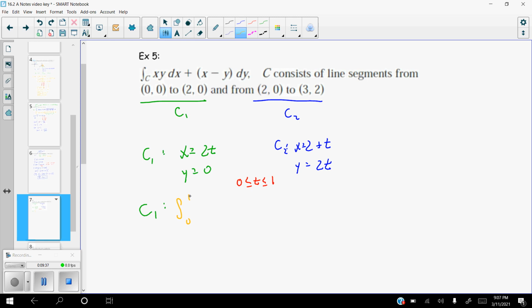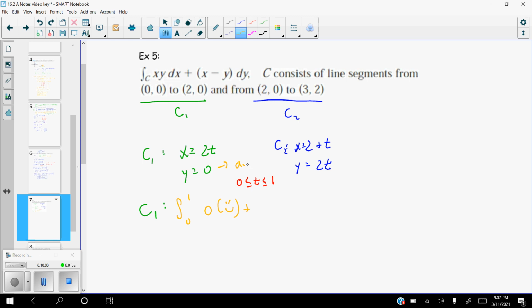Let's see, we need x, y, dx. Well, x times y is going to be 2t times 0. So wonderful, that's 0. I don't really care what dx is. Doesn't matter, because it's 0 times something. It's gone. Plus x minus y, which is 2t minus 0, times dy.